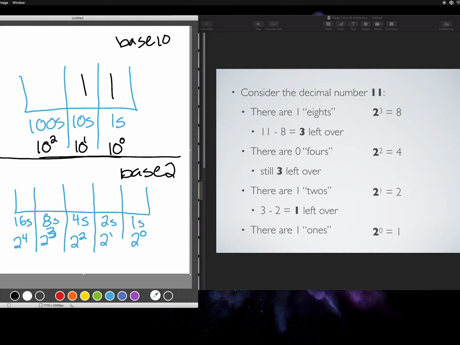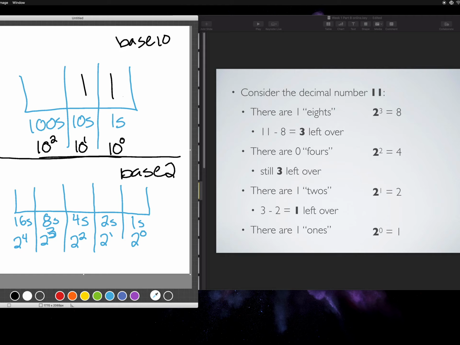Alright, so again, we're converting this base 10 number 11 into base 2. And we do it the same way. We start with the largest base possible, so we start over here on the left. And again, we have the number 11, right? Now, 16, that's too big for 11, so we can't put anything in the 16 spot. So we move down. Now we look at 8.